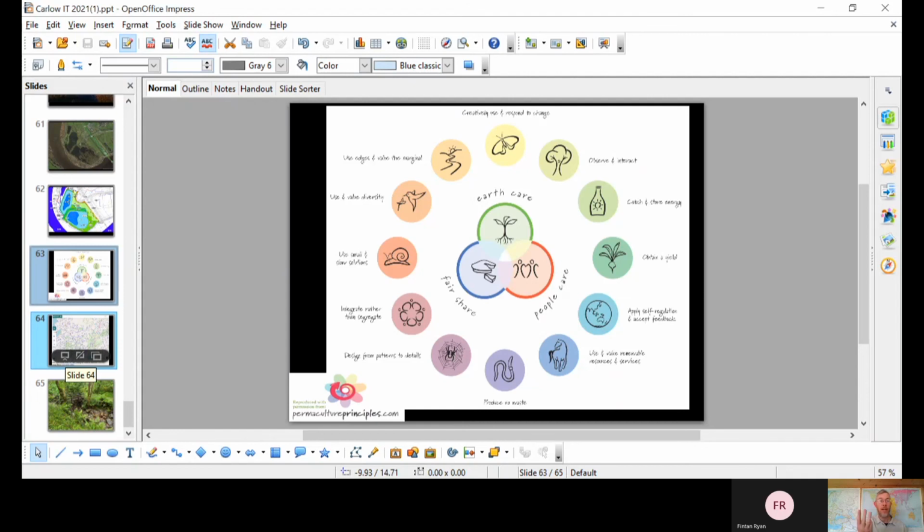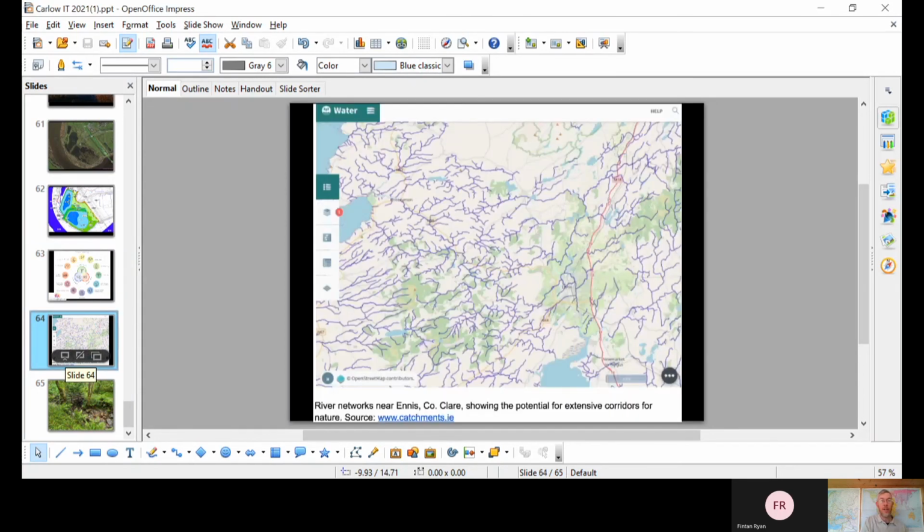So the third element in rewilding is carnivores or keystone species, core protected space, and corridors. And I think there's a huge potential in Ireland for just linking up river corridors. If we were to put a 10-metre or 20-metre buffer zone on the perimeter of every stream and river in the country, very, very quickly we'd be using land that's already not the very, very highest quality agriculturally, and creating a web of corridors that wildlife could navigate through.